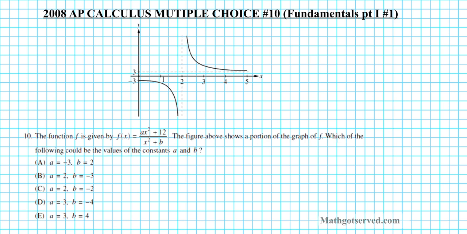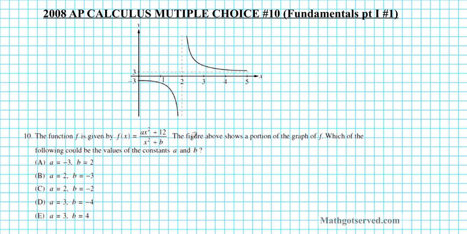So this problem is assessing our ability to find the equation of two types of lines. This line right here going up and down, and the equation of this line going side to side. Do you know what the name of these lines are in the context of this graph?